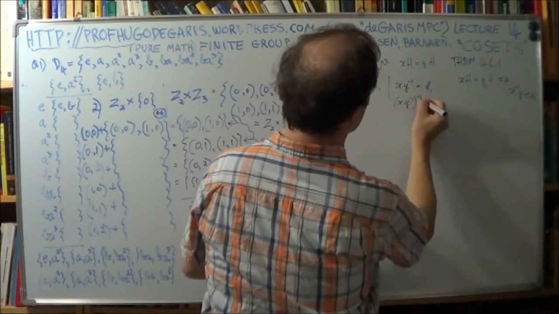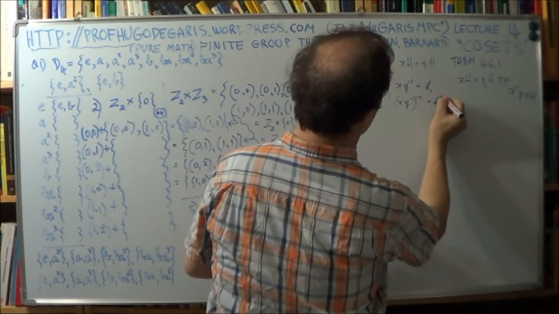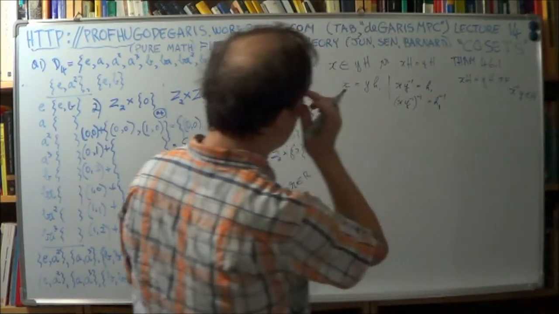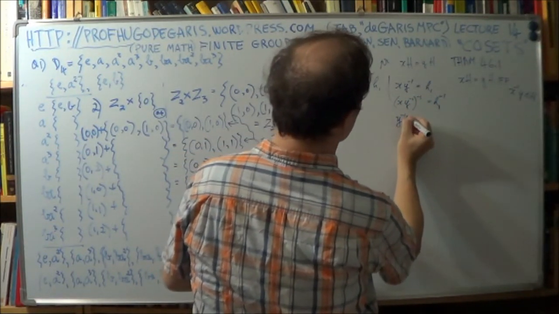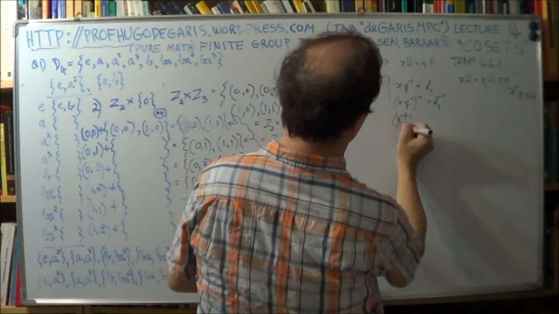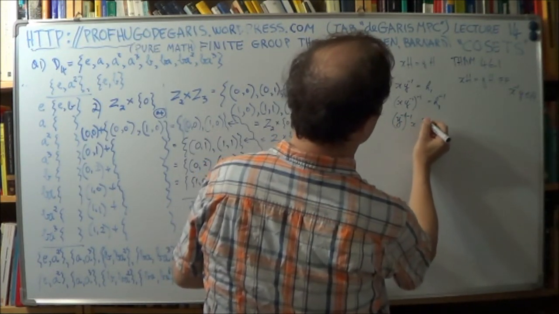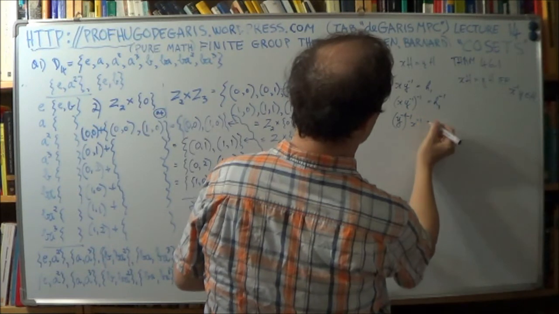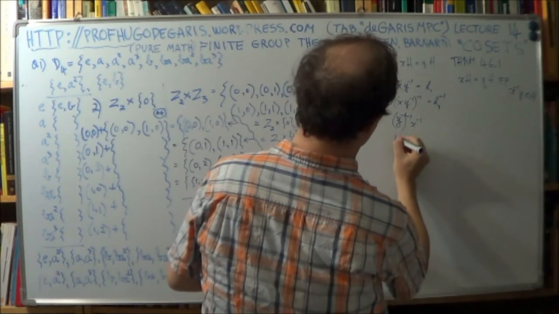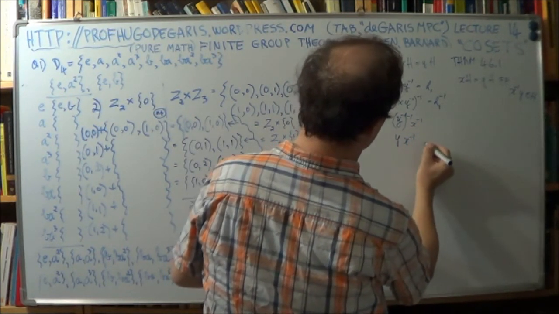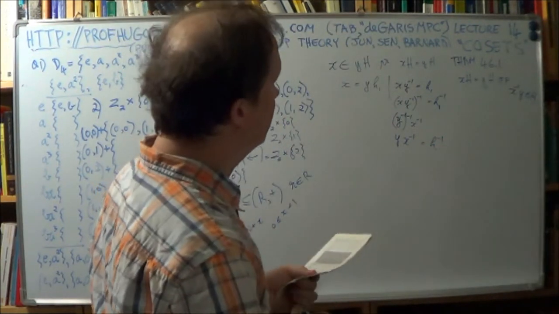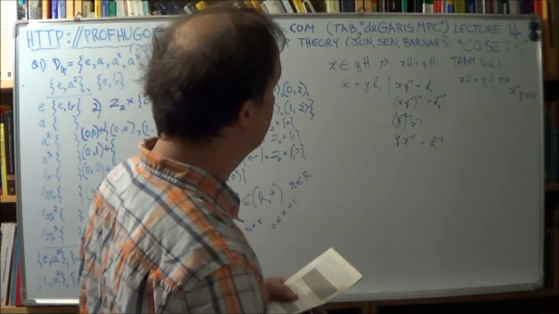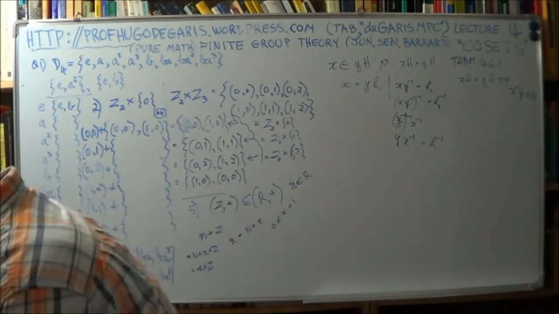So if we inverse both sides, right, this will give you y inverse inverse, x inverse, so that's just y x to the minus 1 equals h1. Alright, I didn't do that last time.